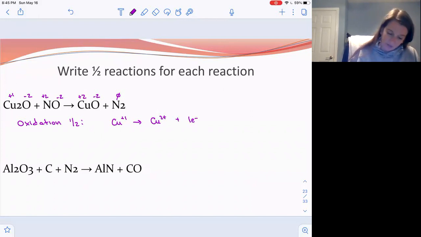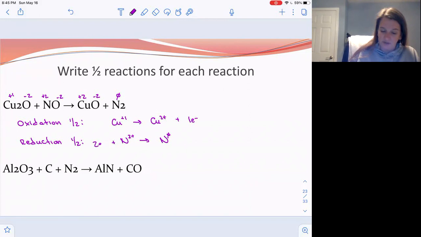Our reduction half: when we look at this, which substance is being reduced, which one is gaining electrons? The nitrogen is gaining electrons because it's going from a +2 to a 0 oxidation state. So we've got to put 2 electrons over here on this side.